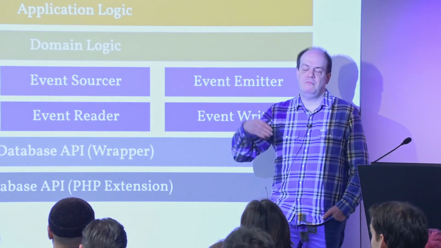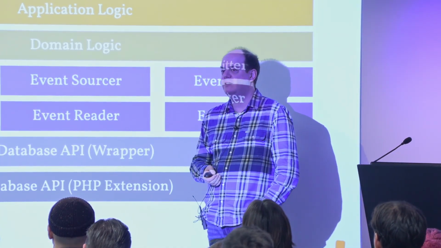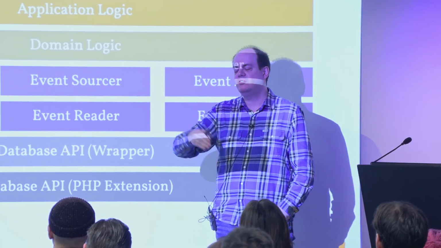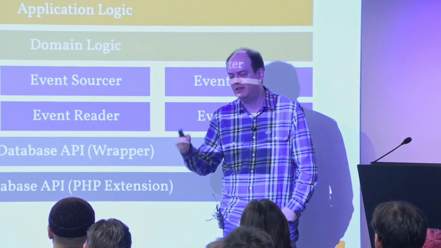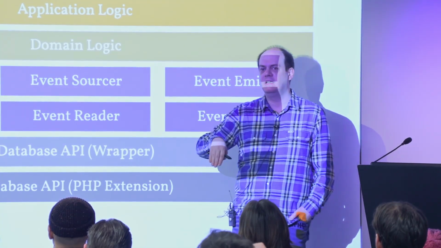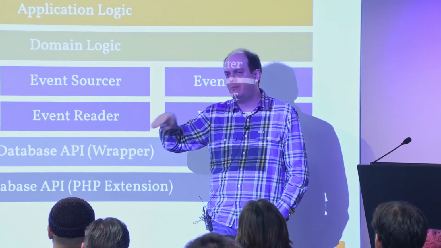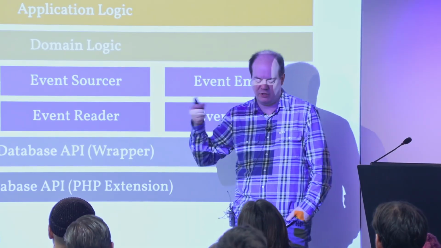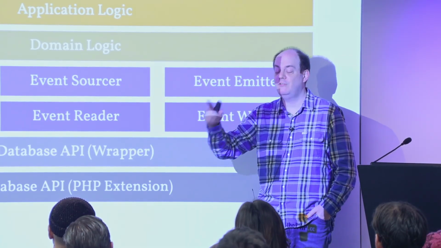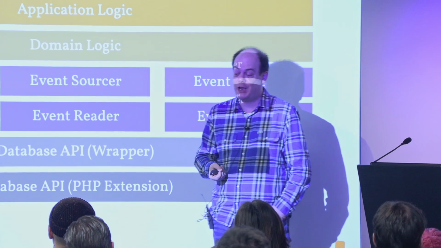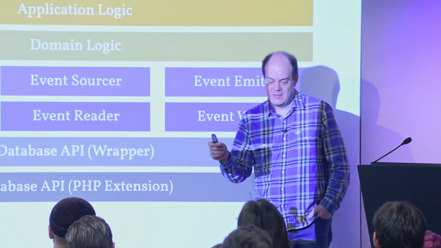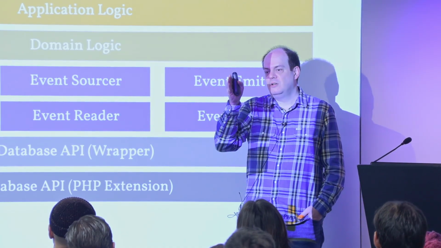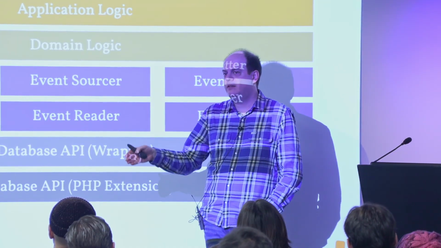Maybe we have a slim layer on top of that that gives us some more convenience or allows us to enforce some architectural constraints, which is something that I really like to do. If you want to look more in depth into what I mean by that, look at the example application for which I showed you the QR code earlier and for which I will show you the QR code a couple of more times, because that has a strict separation between reading from the database and writing to the database.